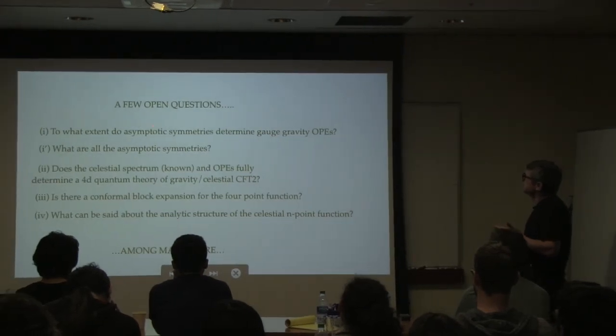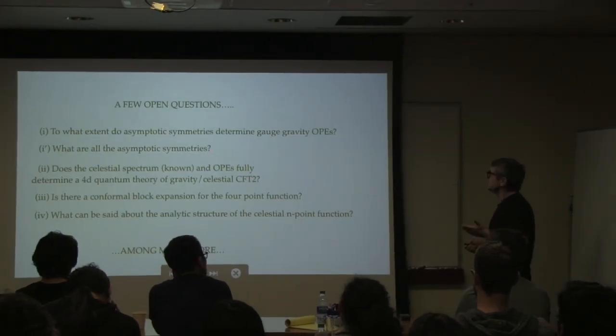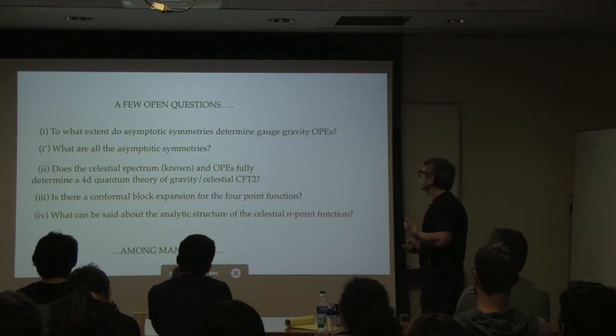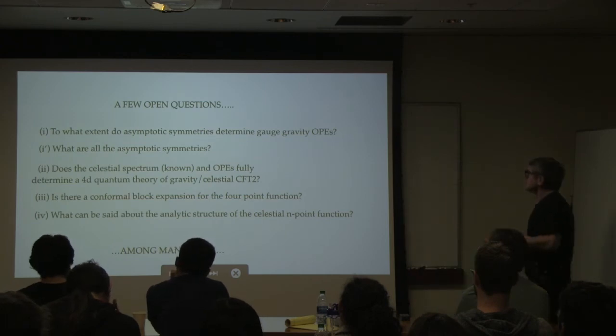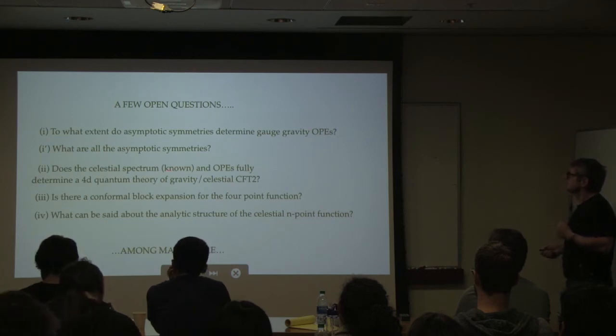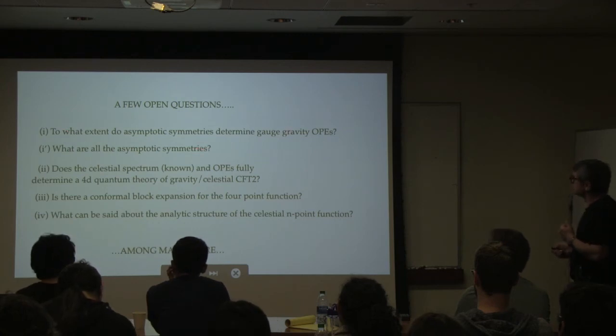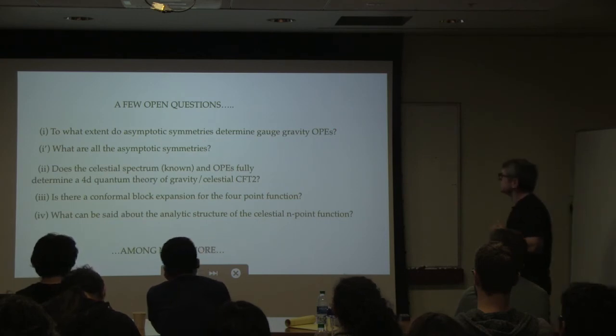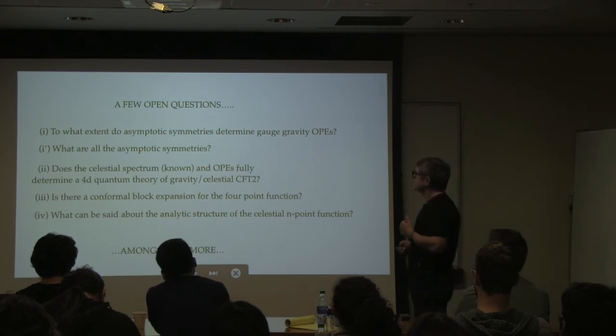but not all of them would be invariant under all the asymptotic symmetries. So there is more to be learned as far as implementing the asymptotic symmetries as constraints on scattering amplitudes and OPEs. Actually, OPEs was what I was asking about here. It seems that the OPEs are simpler things to work with than the scattering amplitudes.